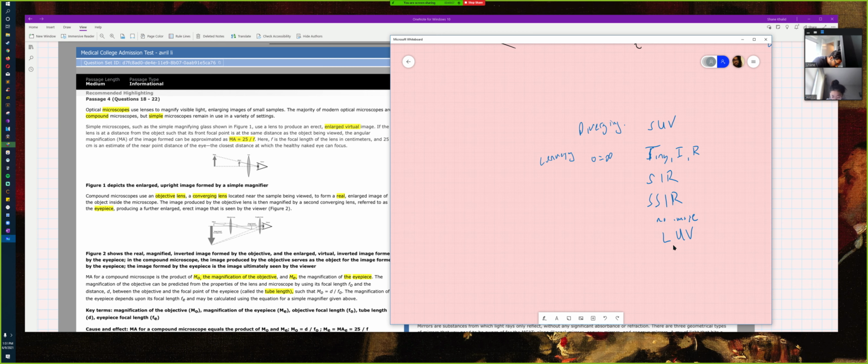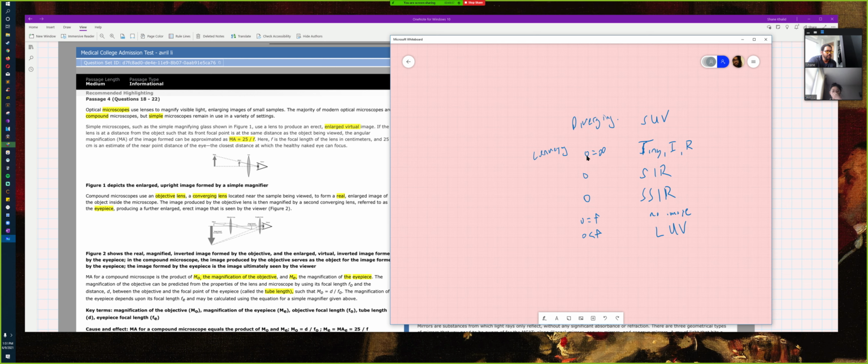Let's say the object distance is... smaller, inverted... Is it outside of the focal point or something? I'm trying to see if I can remember this. If the object distance is at infinity, it'll make this. Somewhere else, I don't remember those.